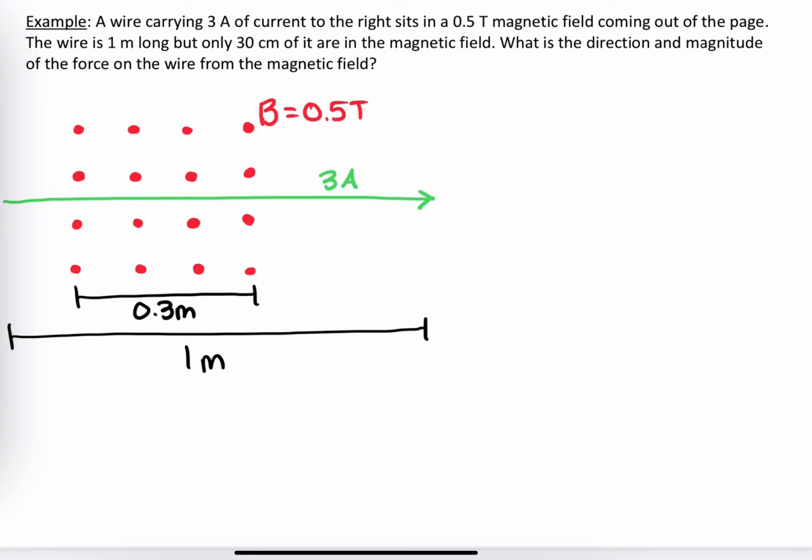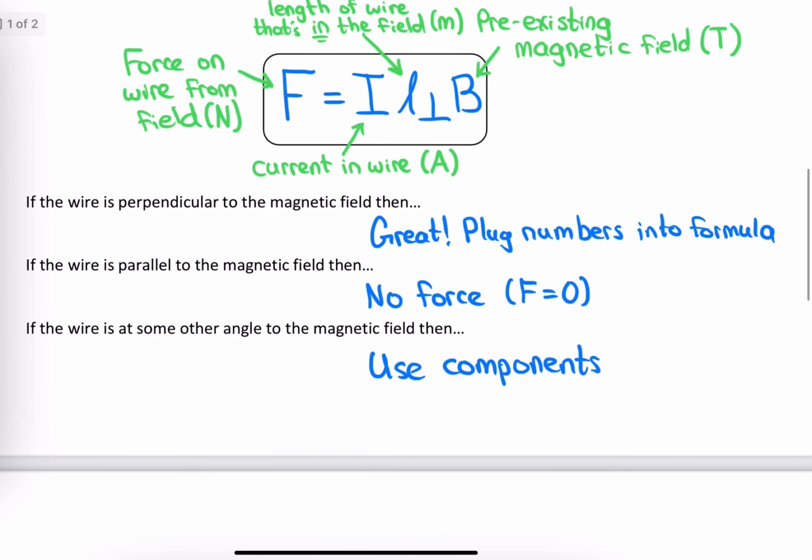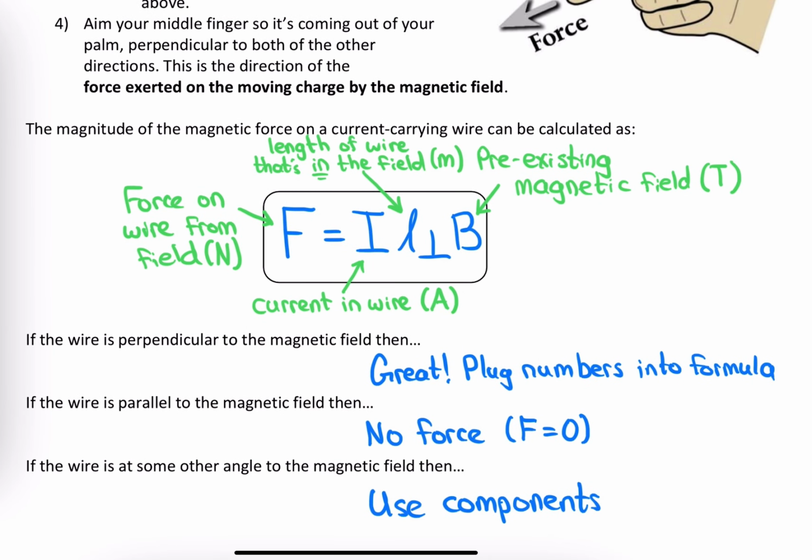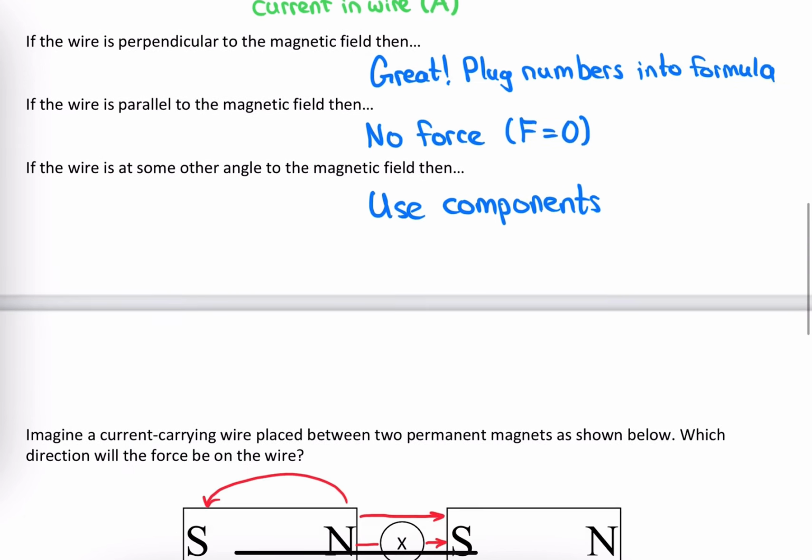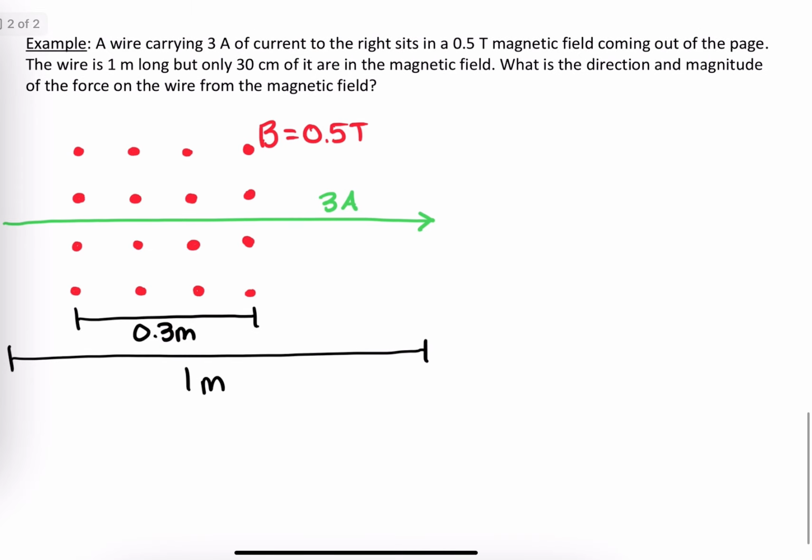Well, let's do the magnitude part, because that's the one we haven't really practiced yet. And that's going to come down to this formula from up here. F equals ILB. And they need to be perpendicular. Okay, so this wire is going to feel a force that depends on the current flowing through it, which is 3 amps.